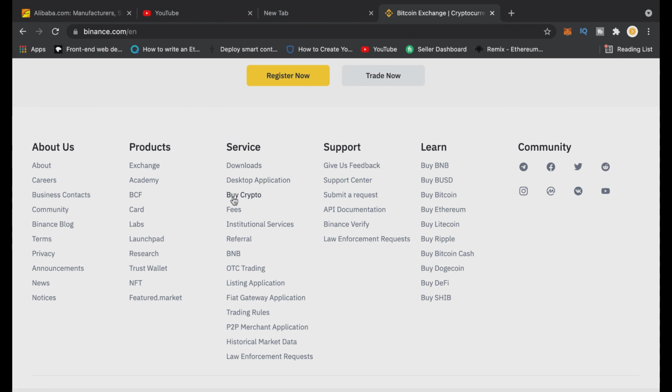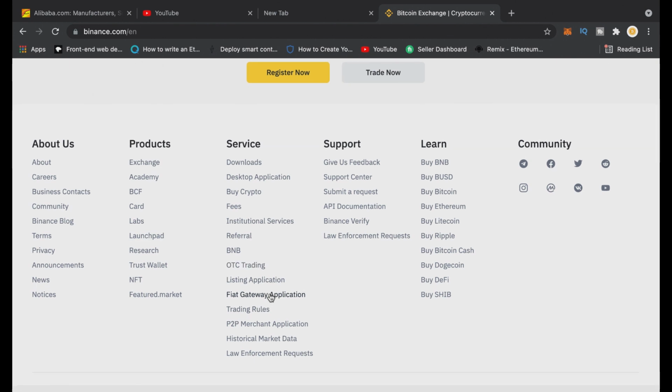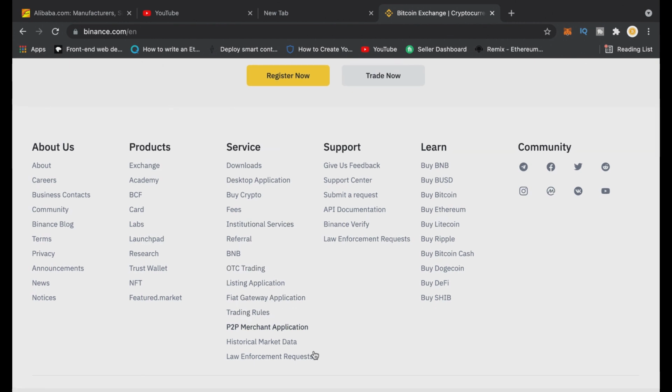They have a desktop app, buy crypto, and fees, institutional services. They have Referral, which is basically about the bonus you get for each user that registers with your link. Then we have BNB, OTC trading, list application. So basically on these services, they're just telling you about the stuff they do and what you can actually get from them.